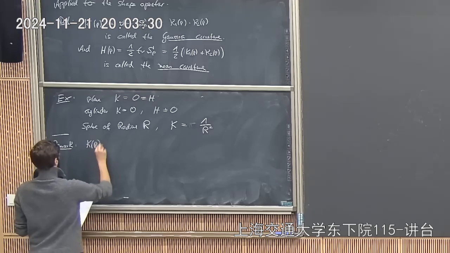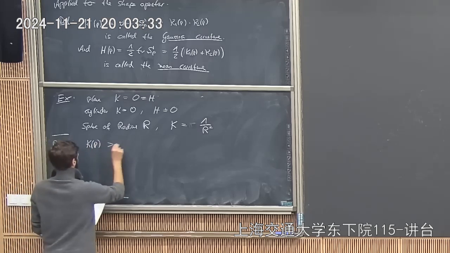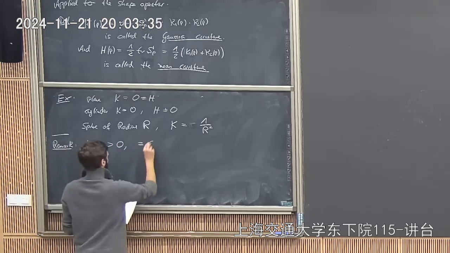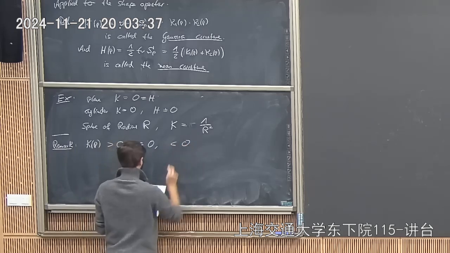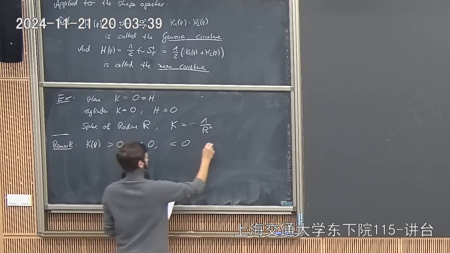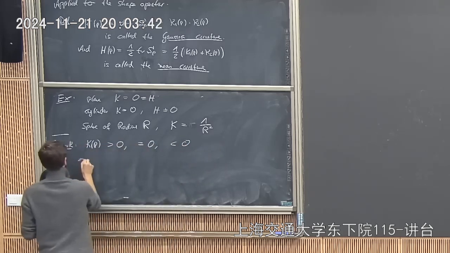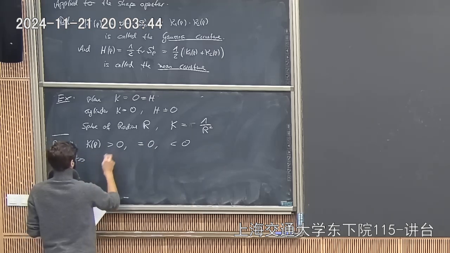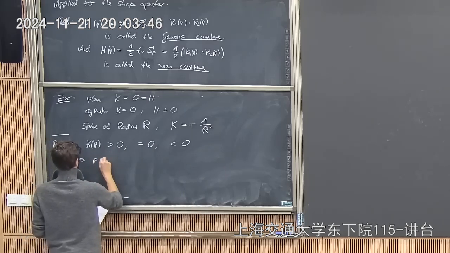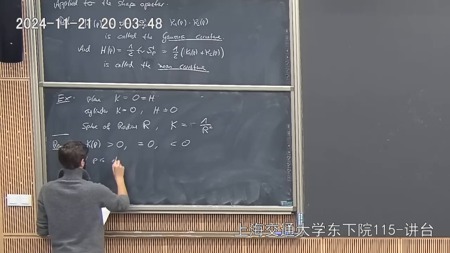So kappa of P being bigger than 0, equal to 0, or smaller than 0 is equivalent to saying that P is, in this case, elliptic.